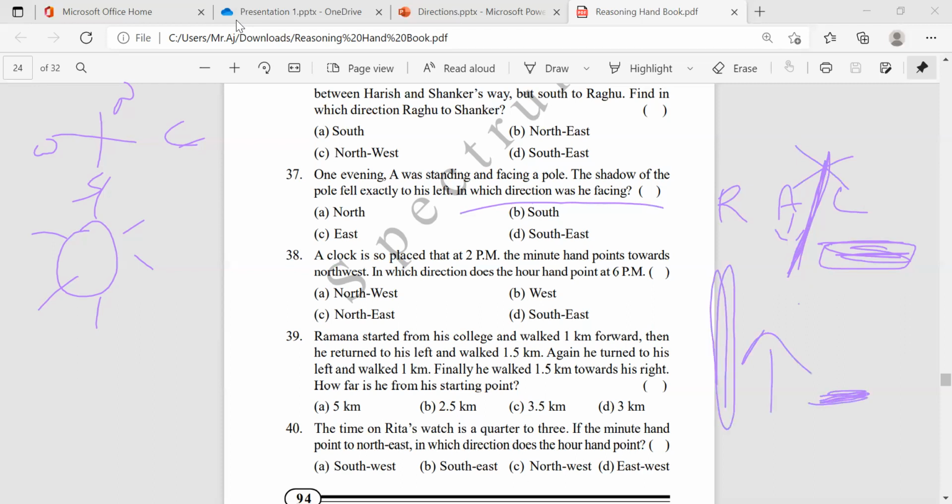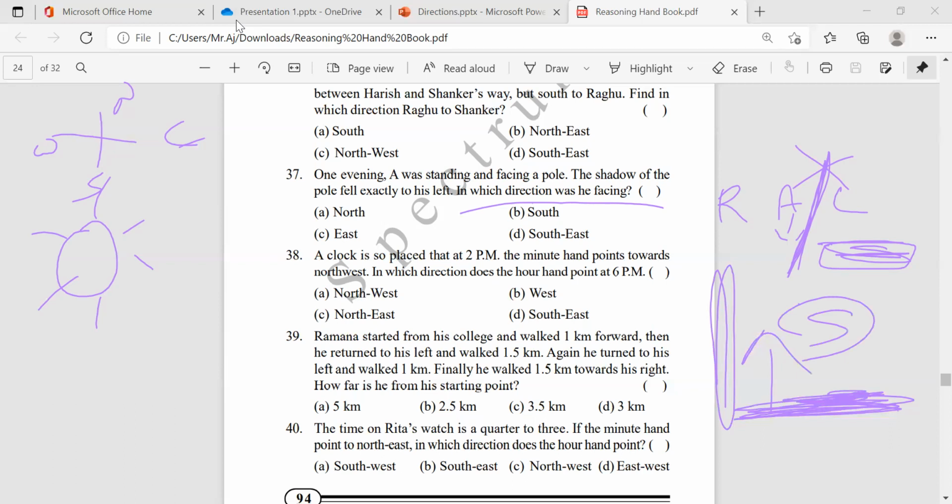Whatever the pole here, the shadow will be like this. He's facing north. Facing south. Okay, done.